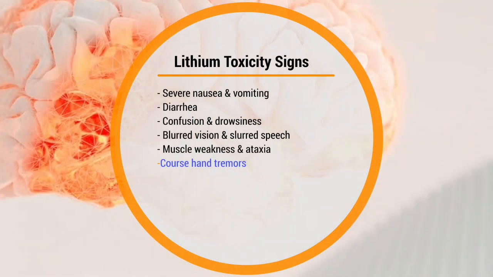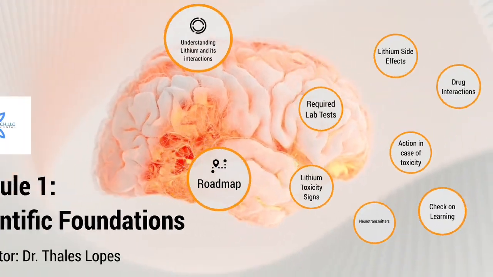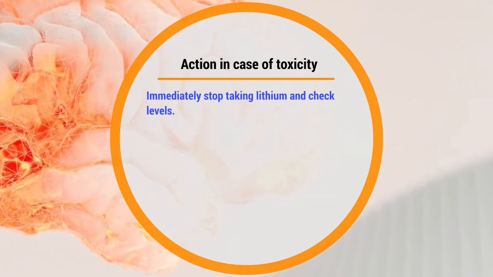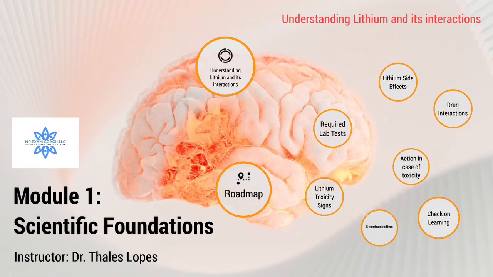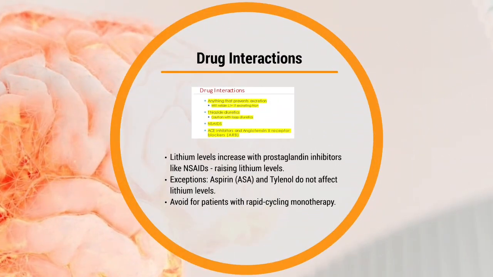They may lose their balance because they are at a severe or toxic level of lithium. Okay. So actions in case of toxicity. What are you going to do? In case of toxicity from any drug, the first thing to do is to stop the drug, stop the lithium. Next, check the lab values. That's your action, that's your priority.